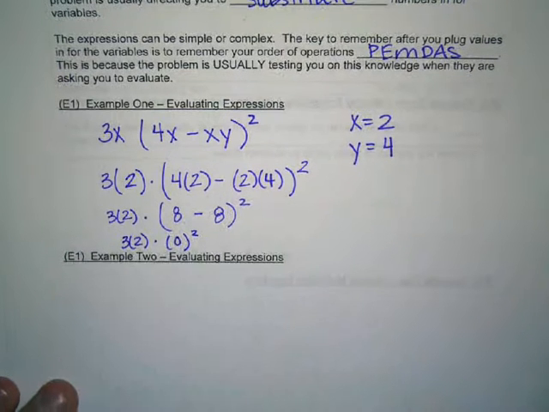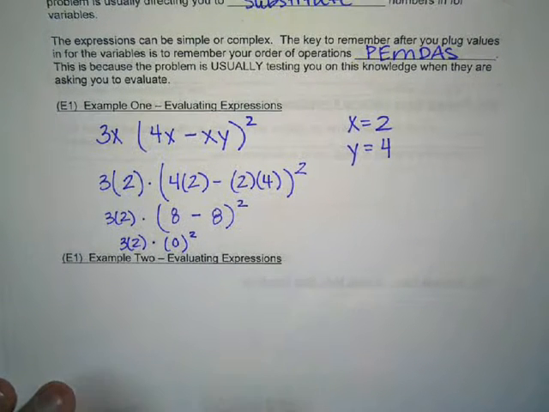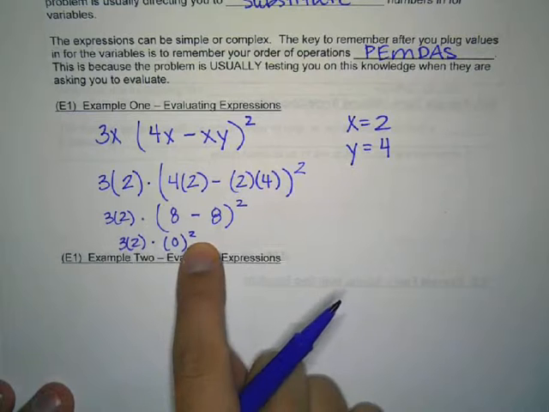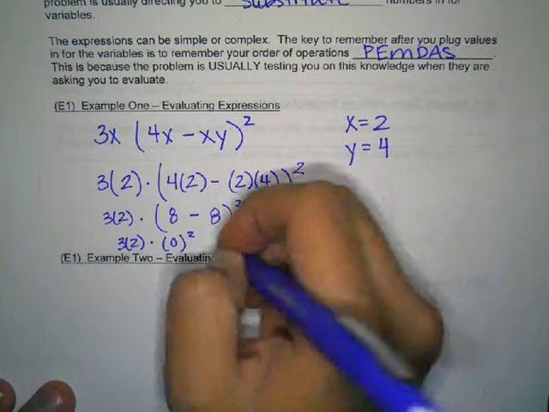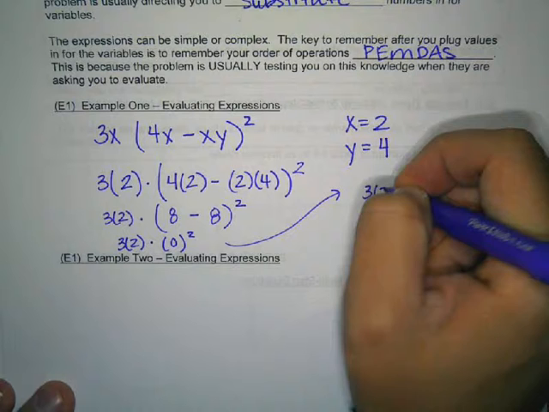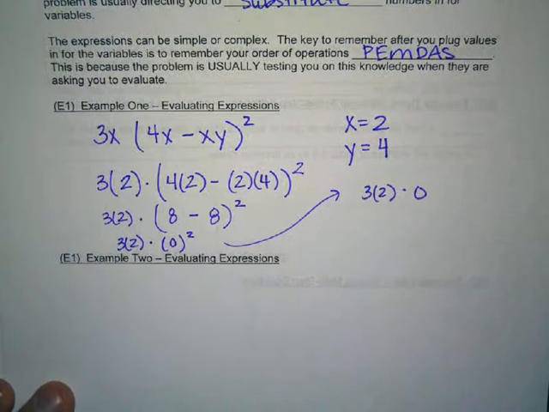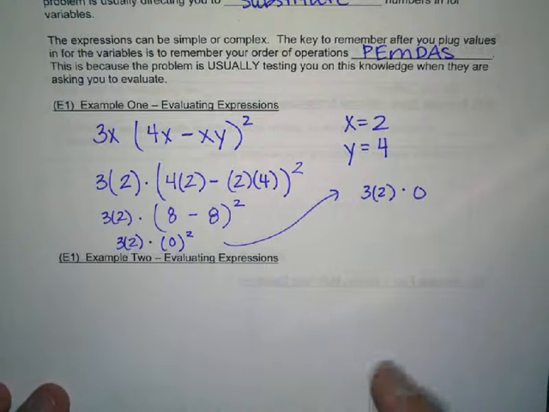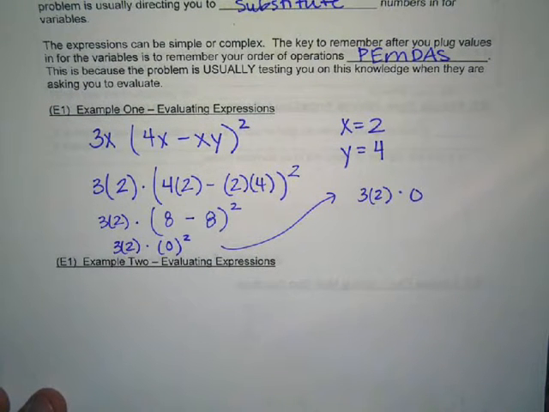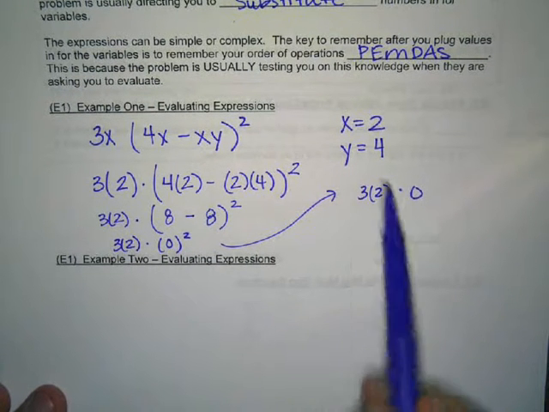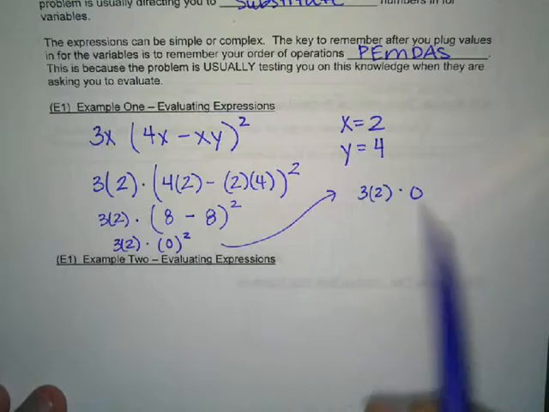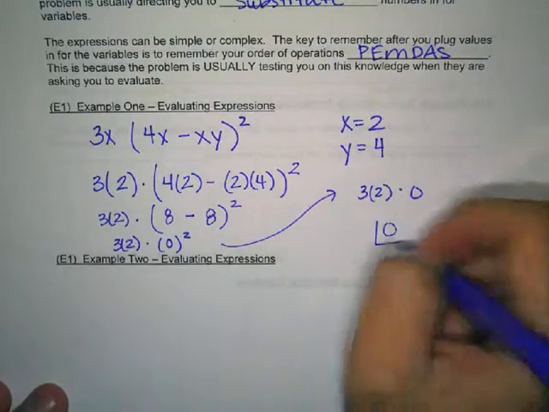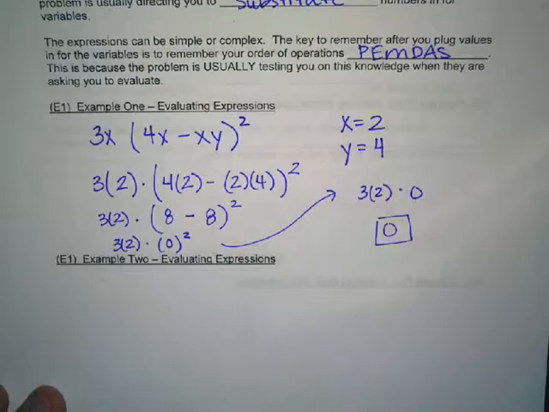Okay. Well, 0 squared, that's what we would do next. What is 0 squared? 0. And now I just have multiplication left. I don't have any other operations left. So anything, this would technically be 6, anything times 0 is just 0.